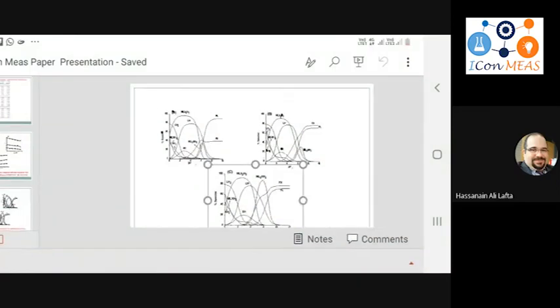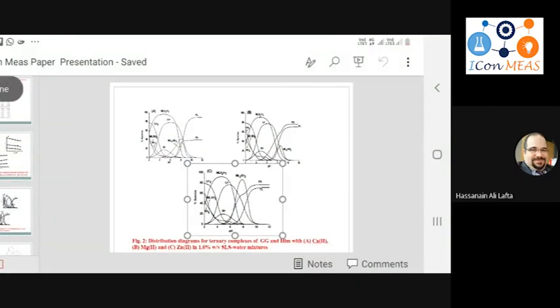The next one is distribution diagrams. That means in which pH range, which metal ligand species are more predominant. When we observe the diagram, at low pH value, MLX-H2 species are the more dominant species. After we add alkali, the pH value also increases.